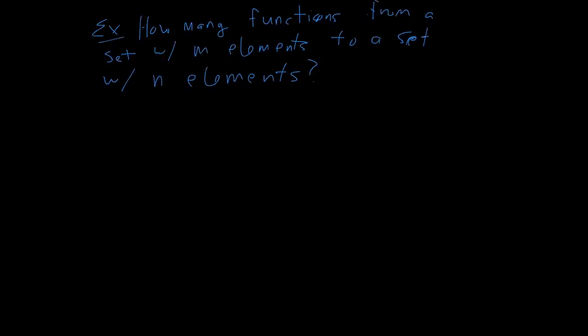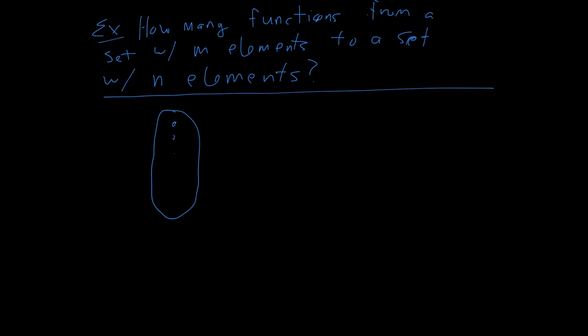So, how many functions are there from a set with m elements to a set with n elements? I have a set over here on the left that consists of 1, 2, 3, 4, m elements.